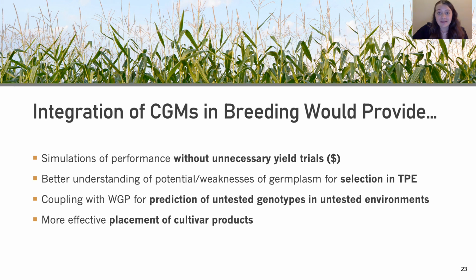There have been great landmark papers and studies published on that, as it would lead to prediction of untested genotypes in untested environments. And lastly, more effective placement of cultivar products, as we can use crop growth models to better characterize environments and help with that sort of late stage breeding and product placement. All of these areas I think are very exciting and warrant more research.